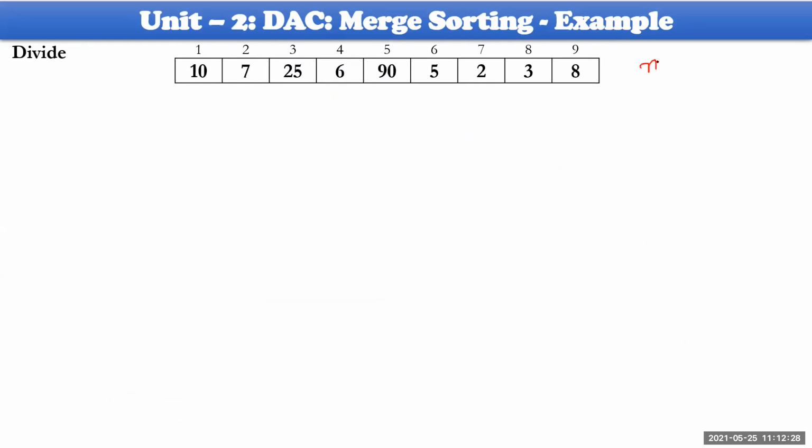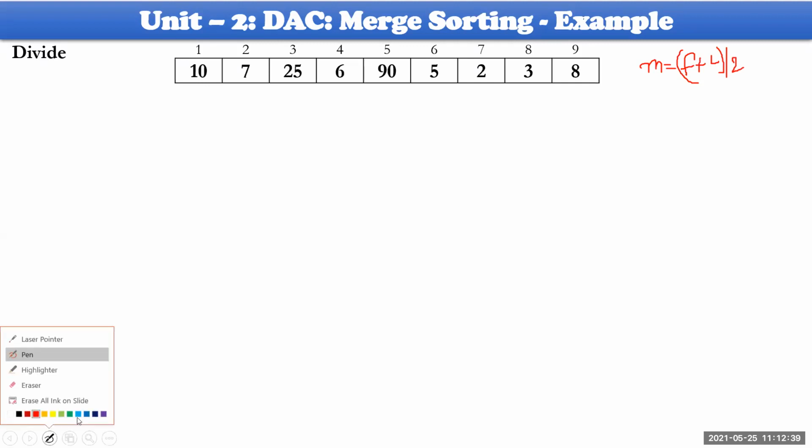Mid will be equal to first plus last divided by 2, taking the floor value. Look at this, this is the floor value. As far as this one, first is 1 and 9 is the last. 9 plus 1 is 10, 10 divided by 2 is 5.